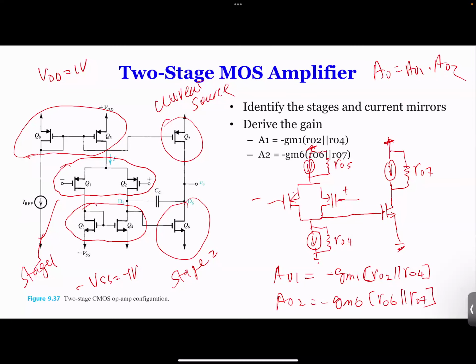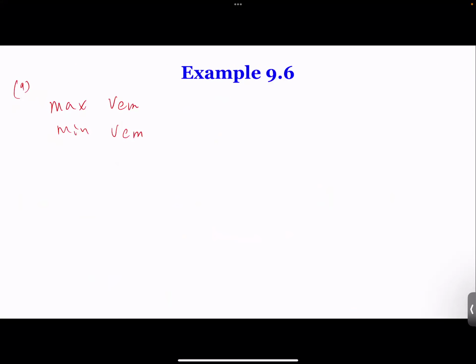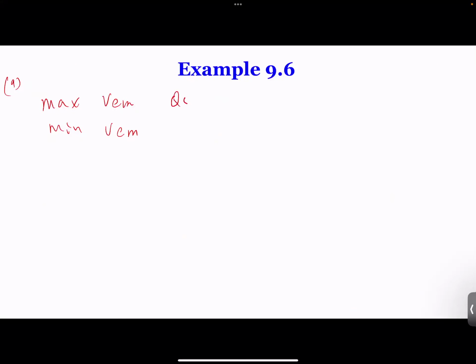Let's see, Q5 leaves saturation. And so when Q5 leaves saturation, VD5 is going to be 0.2 volts.